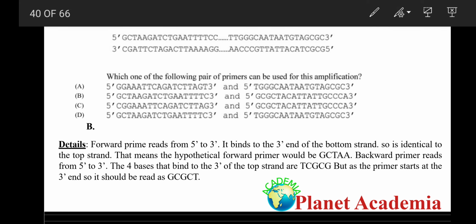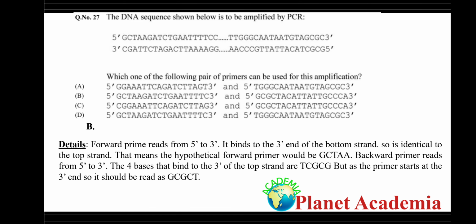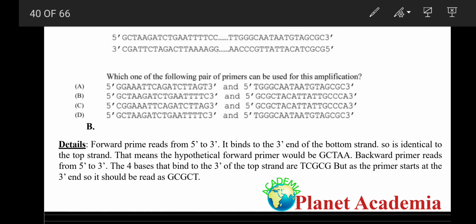Question number 27. The DNA sequence shown below is to be amplified by PCR. Which one of the following pairs of primers can be used for the amplification? Remember, RNA and DNA synthesis all occur in the 5' to 3' direction.